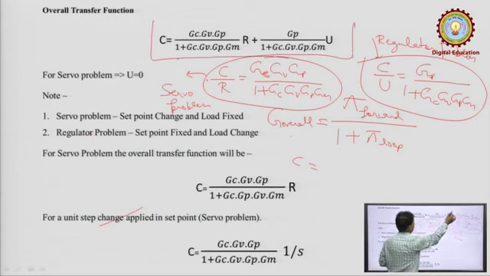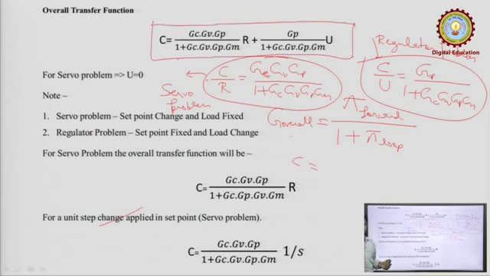If I want the transfer function for the regulator problem, that means the set point will be 0. I will put r equal to 0, that means that term will be 0. So, you can easily find out C by u, which is already written here.